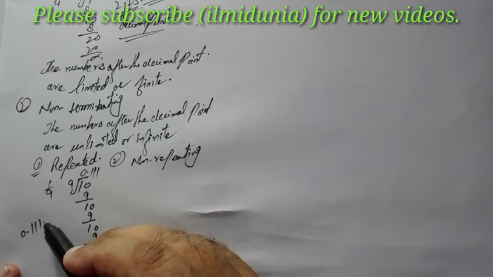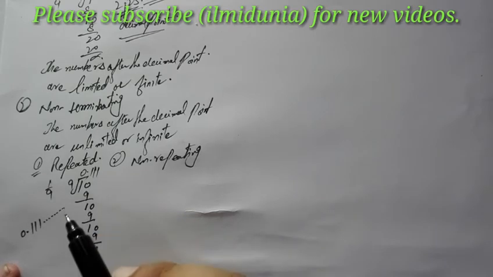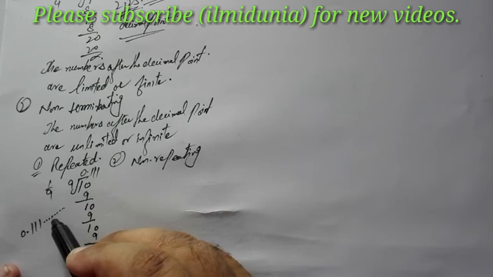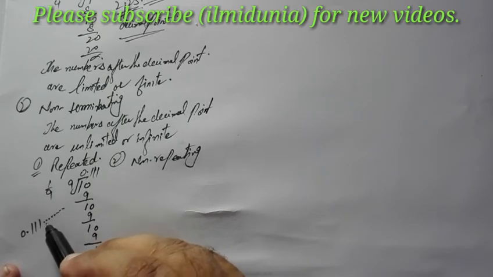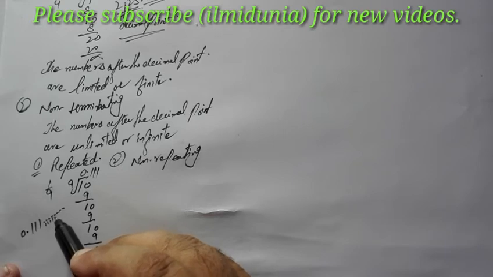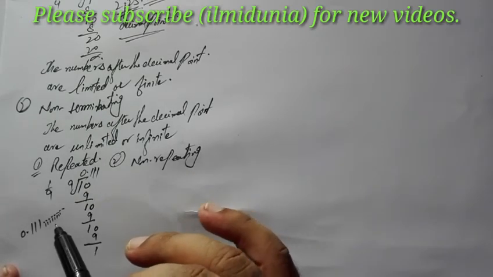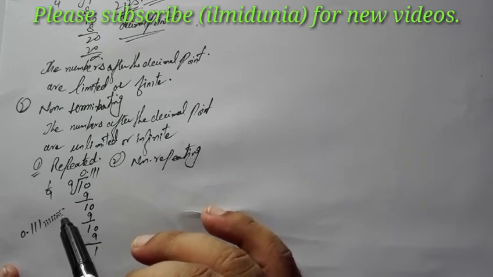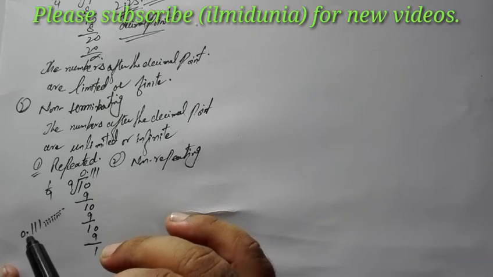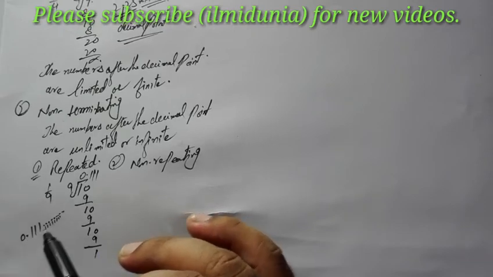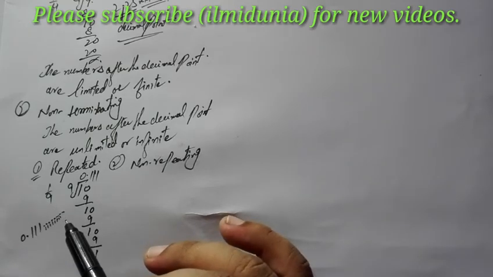So we make dots at the right hand side of the answer. Now these dots are showing that this is non-terminating. The number of digits at the right hand side of the decimal point are unlimited.